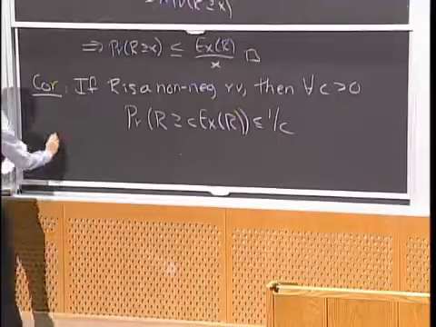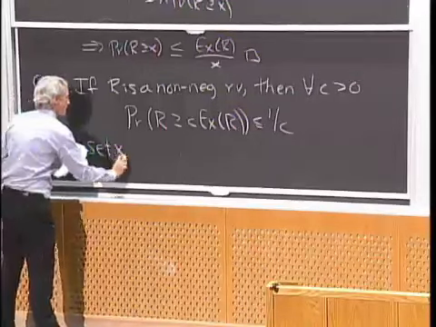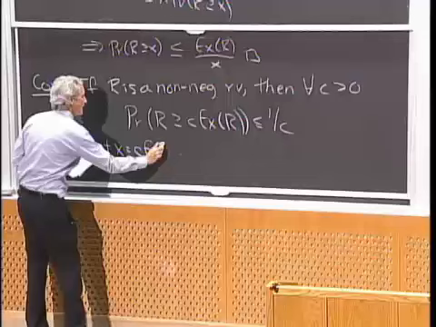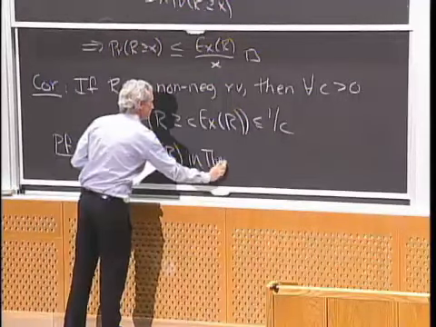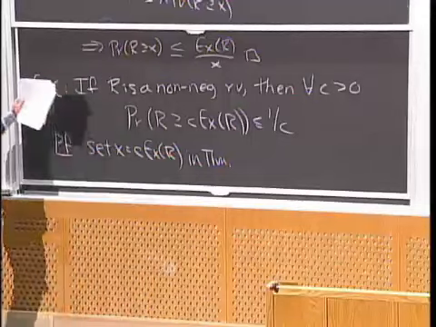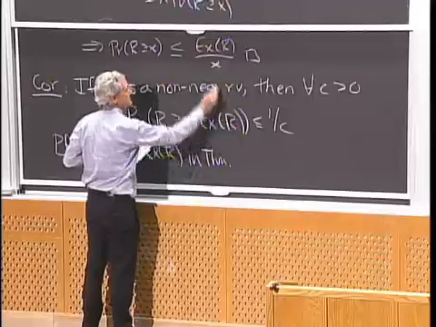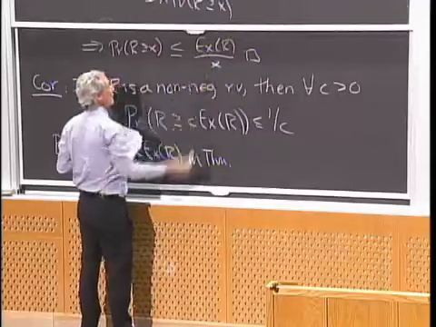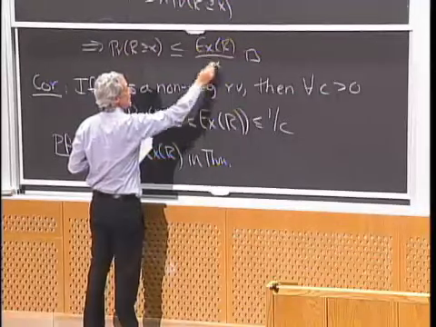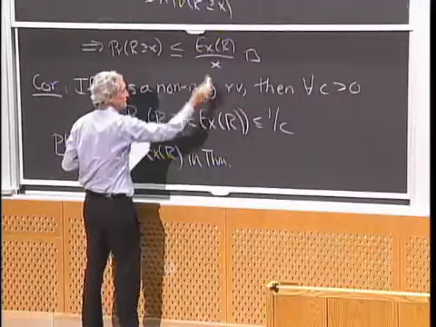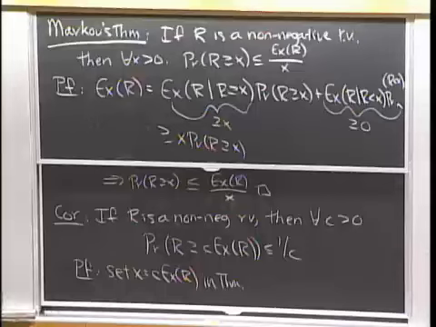And the proof is very easy. We just set x to be equal to c times the expected value of R in the theorem. So I just plug in x is c times the expected value of R. All right, and I get expected value of R over c times the expected value of R, which is 1 over c. So you just plug in that value in Markov's theorem, and it comes out.